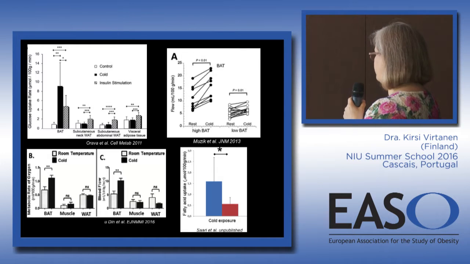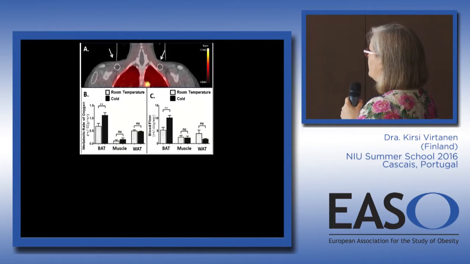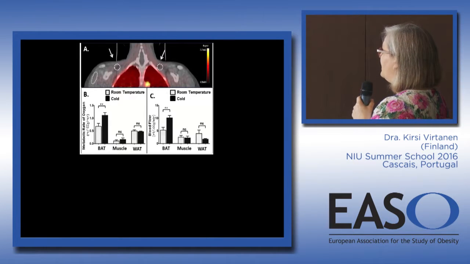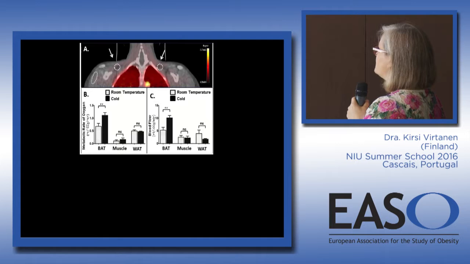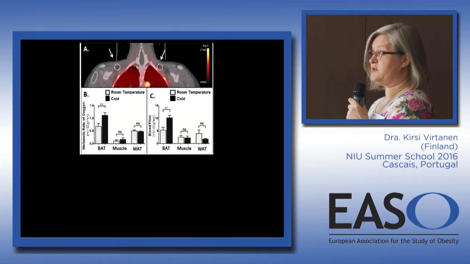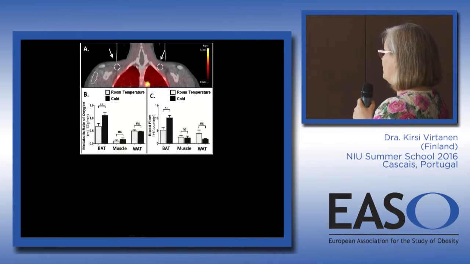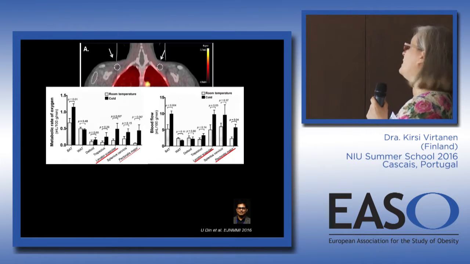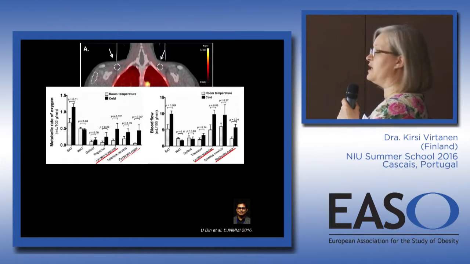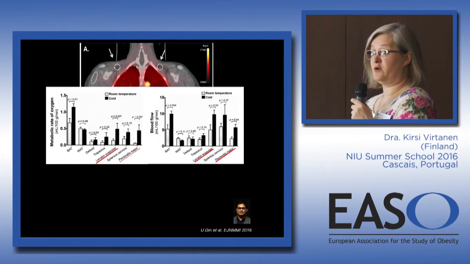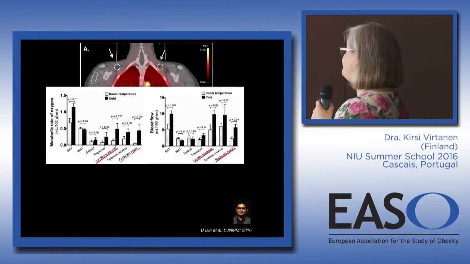However, when we investigated the other inner or deeper muscles as well, we found that there are deep muscles which increase in oxygen consumption significantly during cold, which may mean that brown fat is a minor contributor and probably the deep muscles are the more significant contributors to cold-induced thermogenesis.